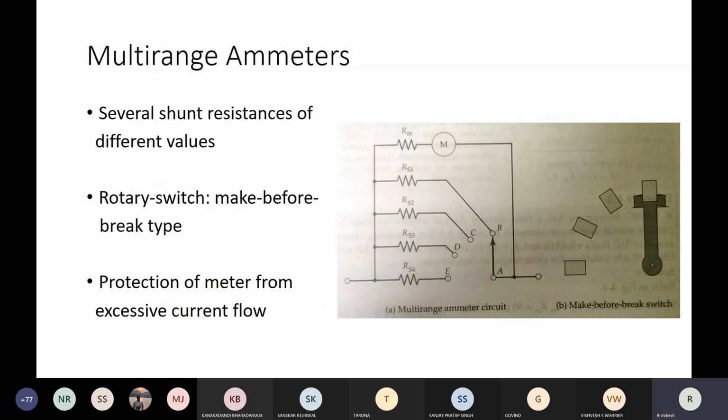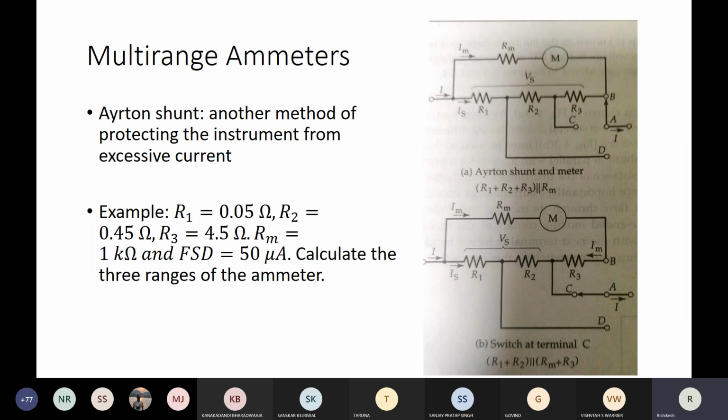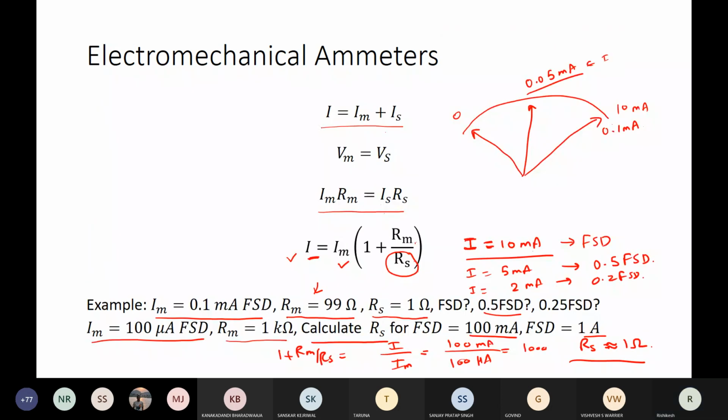Then let's say you want to give flexibility to the user so that ranges can be chosen depending on the requirement. In that case, we have just seen that for a given range, let's say 0 to 10 milliampere, you have one Rs value, 0 to 100 milliampere, you will have another value, and 0 to 1 milliampere, you will have another value of Rs.